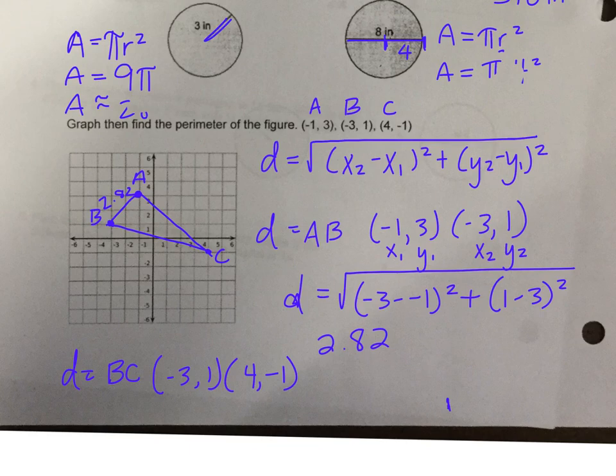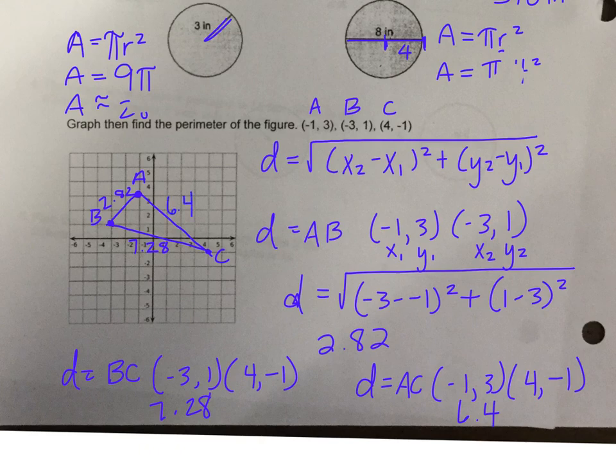When I do that, I get 7.28. When I put AC in the distance formula, that would be negative 1, 3, and 4, negative 1. When I put that one in there, I come up with 6.4.